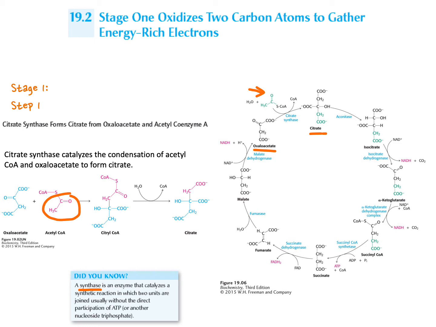Synthase is an enzyme that catalyzes a synthetic reaction in which two units are joined, usually without the direct participation of ATP. You can see here the 2-carbon acetyl unit carried by acetyl-CoA joins with 4-carbon oxaloacetate to form citrate, 6-carbon.